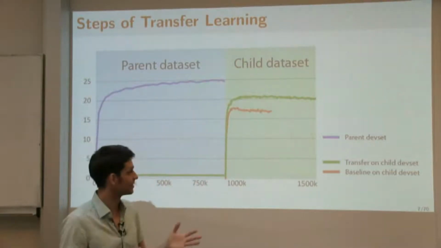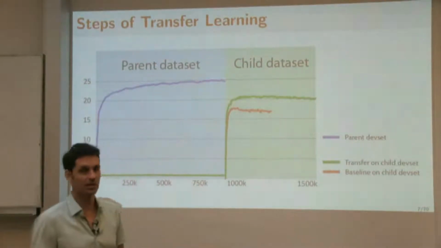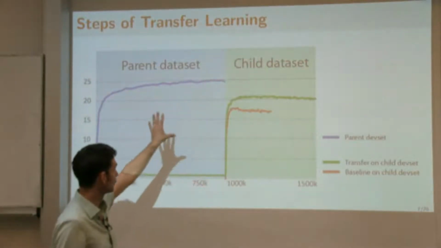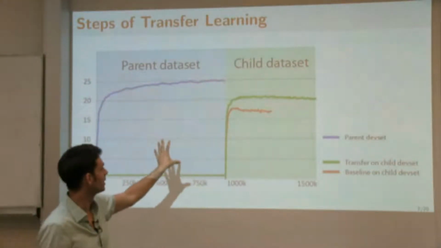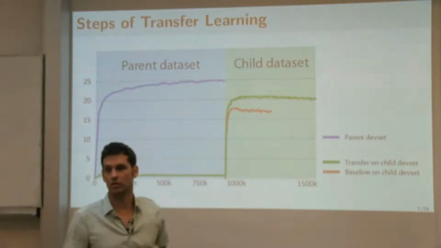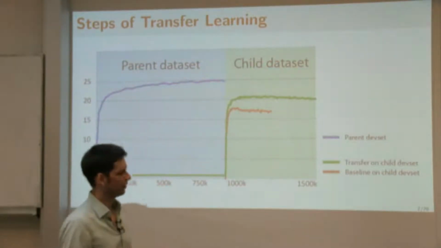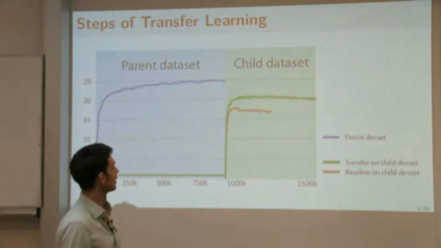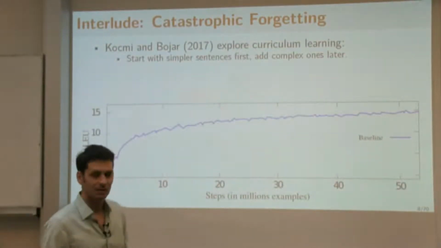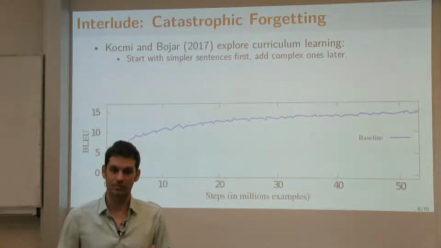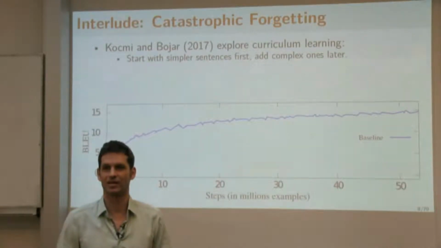So this is really the setup. It's as simple as I just put it. You train for a while until convergence on the parent parallel data, and then you switch over. You just start showing the sentences from the intended child data set.